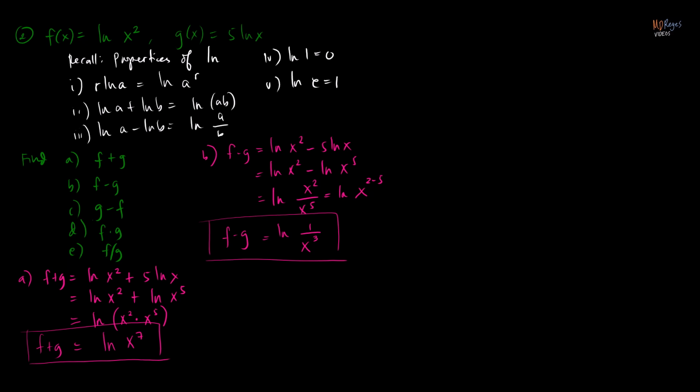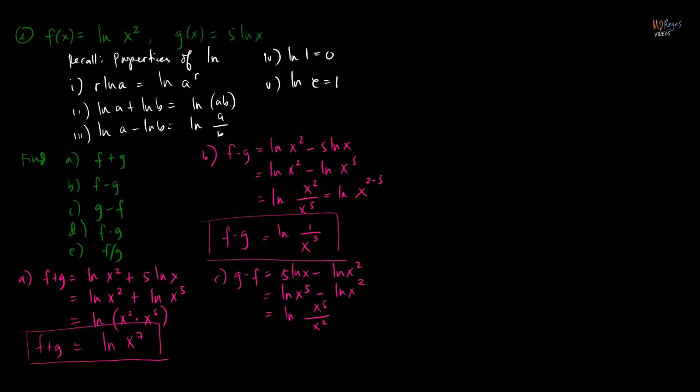Now, answering letter C, which is g minus f. We'll just interchange the minuend and subtrahend. That's going to give us 5 ln of x minus ln of x squared, or that's ln of x to the fifth minus ln of x squared, applying the first property again in the first term. This time applying property number 3, for ln of a minus ln of b, that's ln of x to the fifth over x squared.